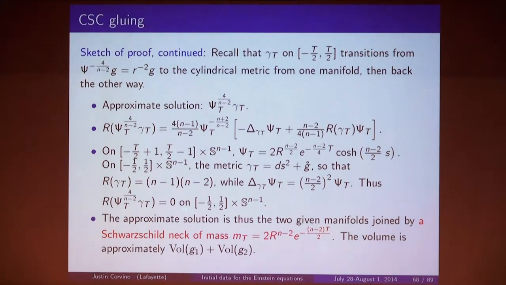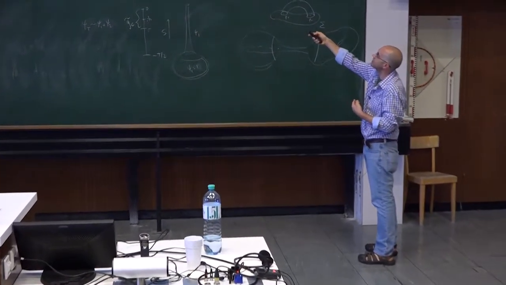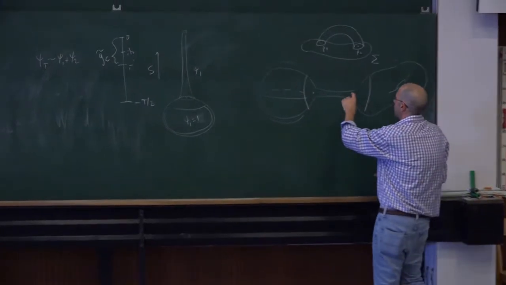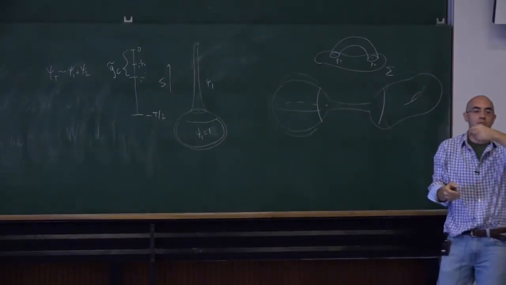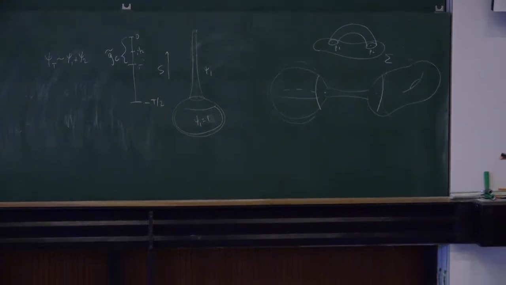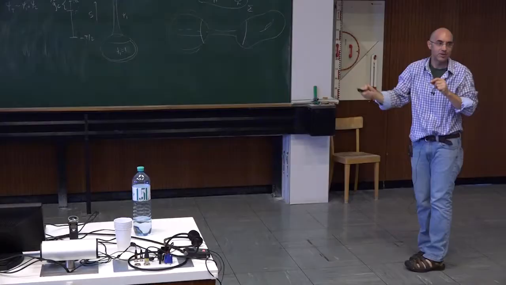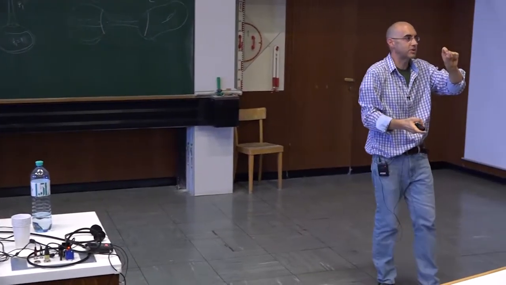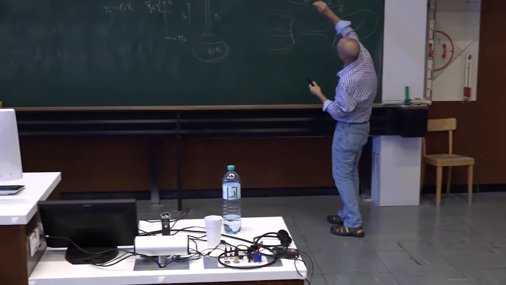Now, here's what I mentioned to Piotr earlier. You want to ask, what does the geometry in the approximate solution look like in between the manifolds? Does it look like a cylinder? No, you have a conformal factor. It actually is, on the nose, a Schwarzschild neck of mass, this mass. So it's exponentially small in t. You've got a very small Schwarzschild neck. We drew a picture yesterday, going up the board this way.